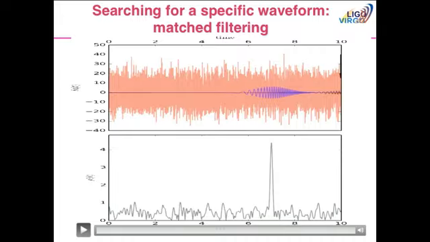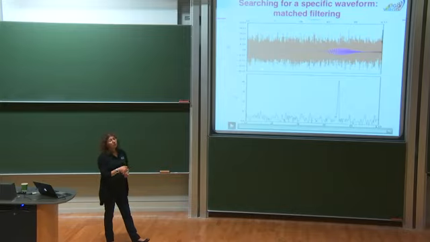It looks in here that it's an easy way to find a signal. Problem is that, of course, we are looking for binaries of all sorts, black holes, neutron stars, but also of all sorts of parameters, and we have to do this in the whole data, so that is actually a very expensive proposition. But also, if you do this on not simulated data, but actual data, and you do it not for 10 seconds, but for an hour, then you see lots and lots of peaks for lots and lots of models.